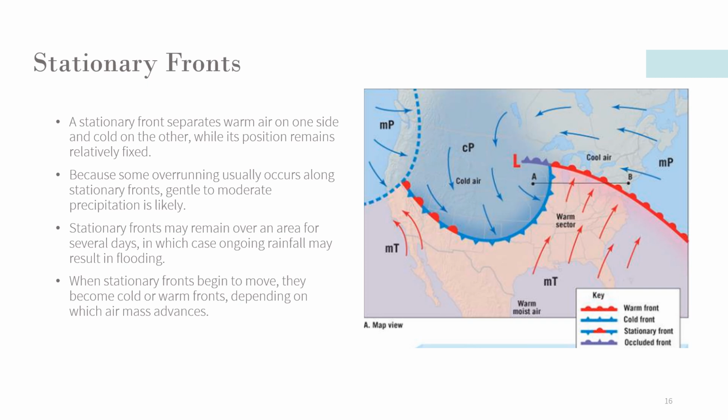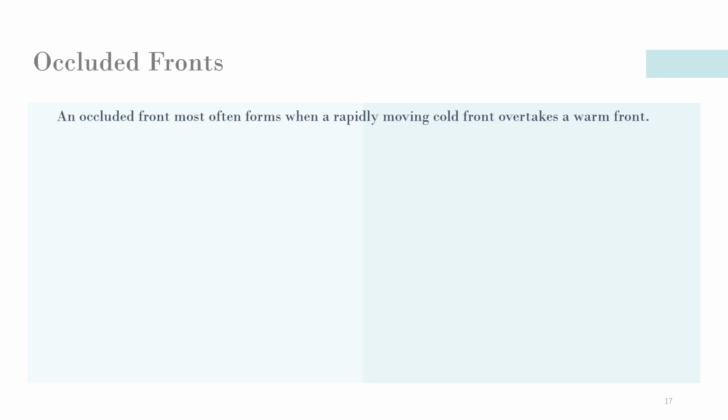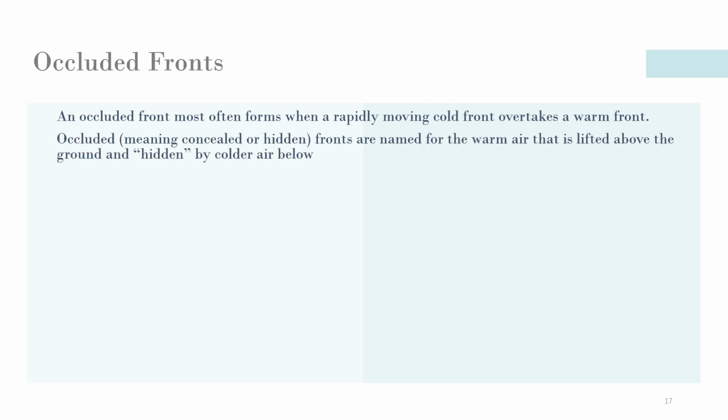So next is what we call the occluded fronts. An occluded front most often forms when a rapidly moving cold front overtakes the warm front. Occluded means concealed or hidden.